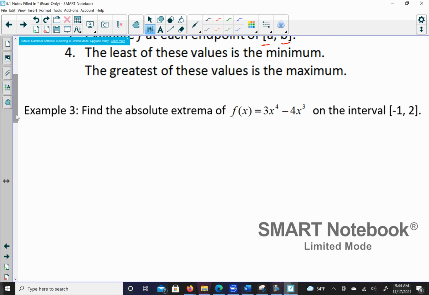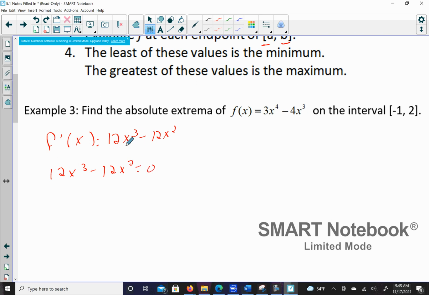So here we go. I said find the absolute extrema of this function on the interval. So I want the absolute max and the absolute min. First thing I'm going to do is find my critical numbers. So I'm going to take my derivative, and that's going to be 12x to the 3rd minus 12x squared. I'm going to set that derivative equal to 0.